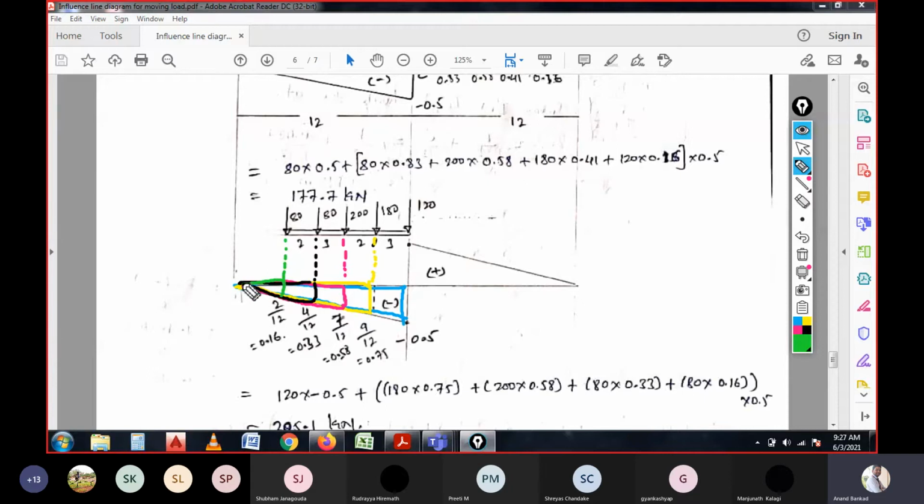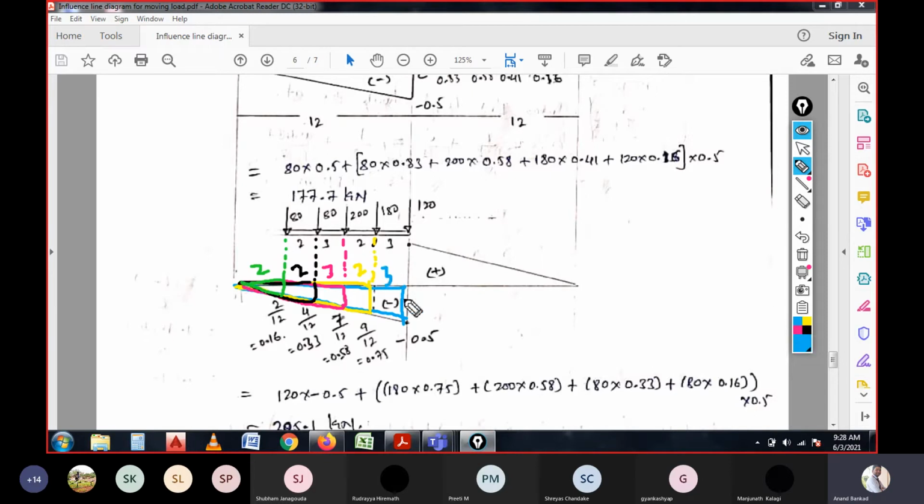So in the total span of 12, it is up to 10, and 2 meter will remain over here, and at this position it is 2 meter as already written, and for this span it is 3 meter, and for this span it is 2 meter, and for this span it is 3 meter.